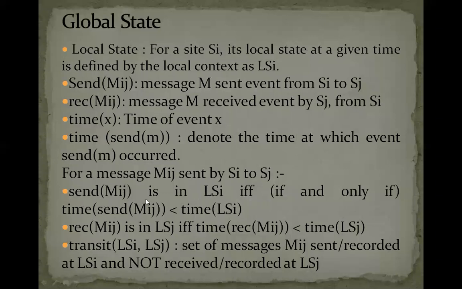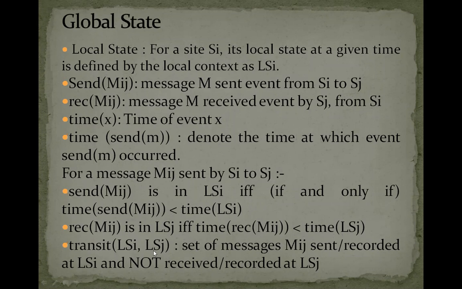So send MIJ is in LSI, meaning the local state, if and only if the time of sending MIJ is less than the time at which the state is being recorded. Similarly, receive MIJ will be in the local state of process J if and only if the time at which the message is being received is less than the time at which the state of J is being recorded.